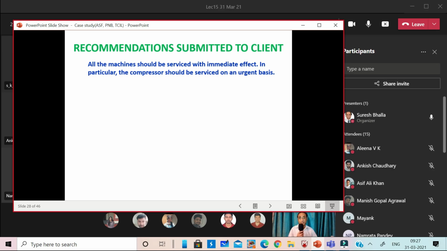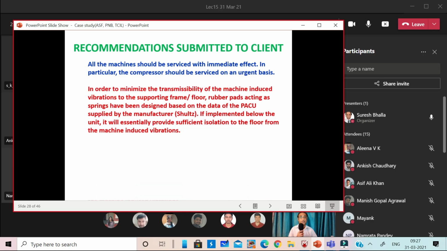So we recommended to the client that the machines should be serviced immediately, and especially the compressor, because the disturbing vibrations we found were the ones at 49 hertz, and they were because of the compressor. So the compressor should be serviced on an urgent basis. That was our suggestion.